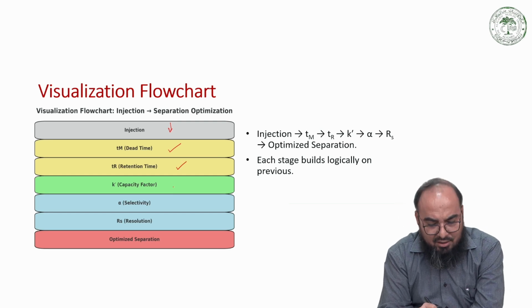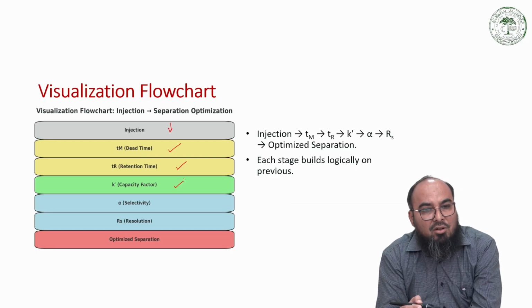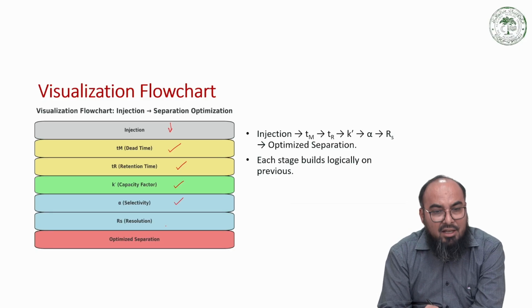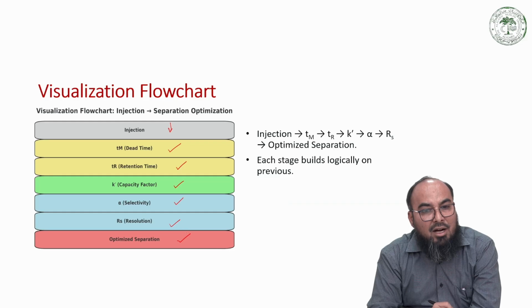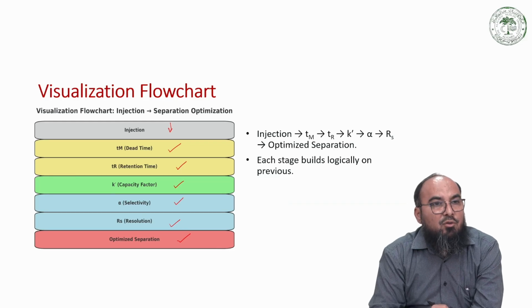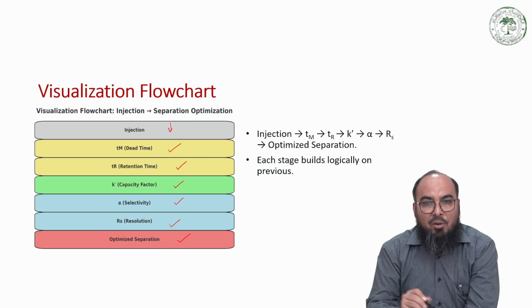Similarly, the capacity factor and the retention factor are the same. Then we have the selectivity, and finally the resolution. On the basis of resolution, you can say whether you have done a good separation or not. If not, then you have to optimize your separation, and we have seen how to do that optimization.